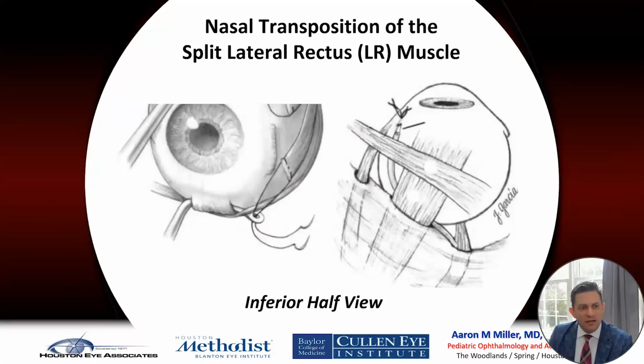Again, looking at the inferior half of this procedure, you're looking at the inferior half of the lateral rectus. You're going through with the gas hook under the inferior rectus, then behind, I would almost argue posterior, under the inferior oblique around, and that's where you're going to capture it, because then when you drag it through this technique, you're going to end up pulling the muscle back under the inferior oblique.